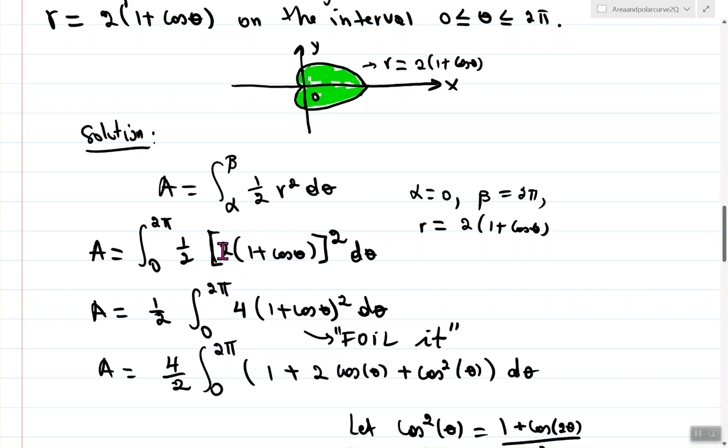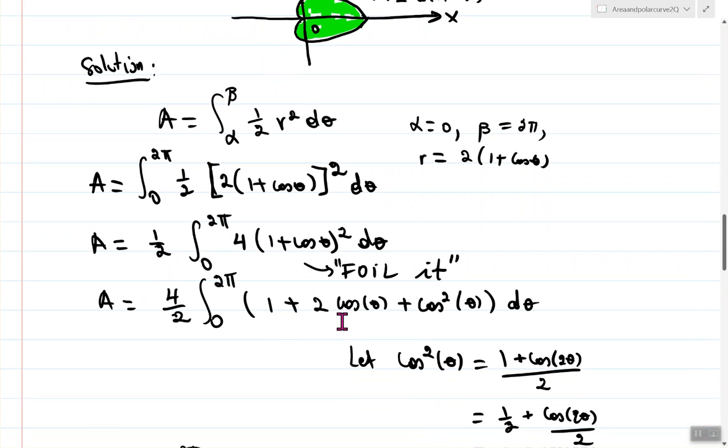Here, if you square 2, you get 4. Then you bring 4 outside, and also this 1/2, so you get 4 over 2, which is 2. Before you integrate, you're going to FOIL quantity 1 plus cosine theta squared. When you FOIL it out, you get 1 plus 2 cosine theta plus cosine squared theta.